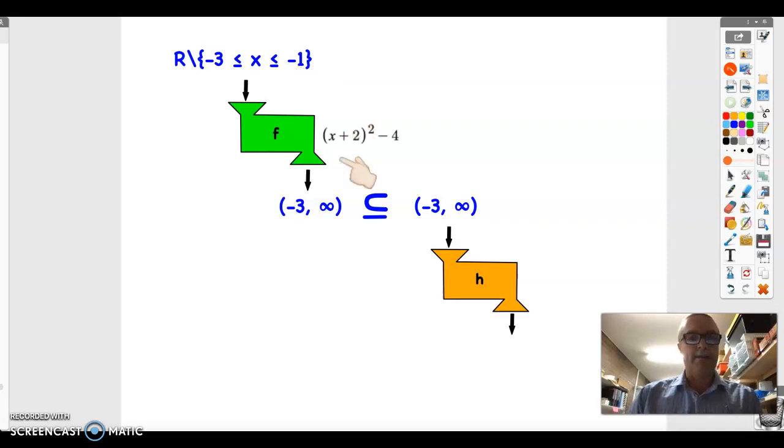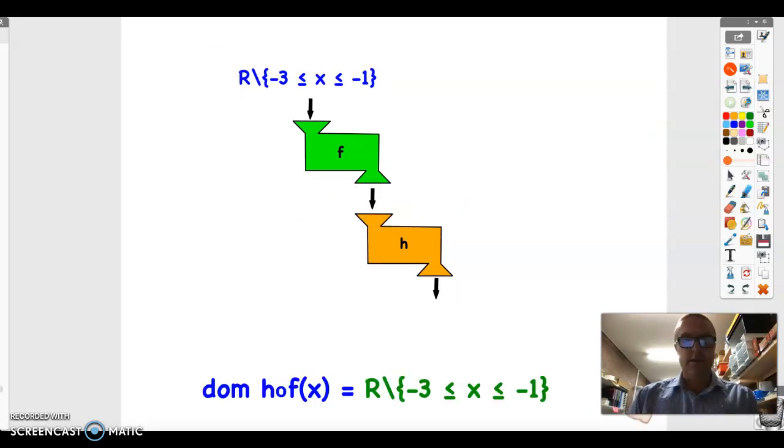And that means that the output of f is now from -3 to infinity, which is a subset, or in fact equal to, the allowed values or the domain of h. So in a way we've fixed the domain of f, what we can input into f, so that we can form a composite function between f and h.